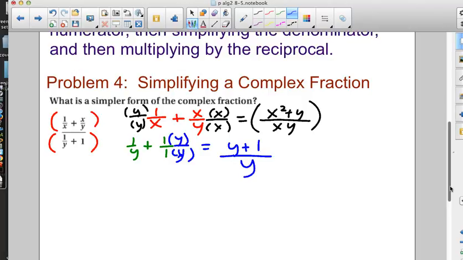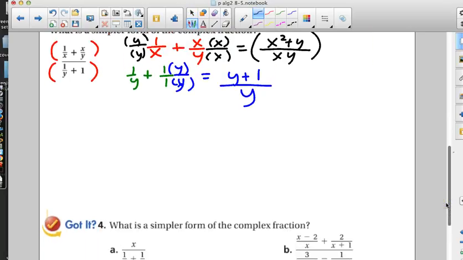Now, one fraction. Let's write it. Let's see what we have. Right now we have x squared plus y over xy. Big fraction line. Parentheses there so you can see, hey, that's one fraction.